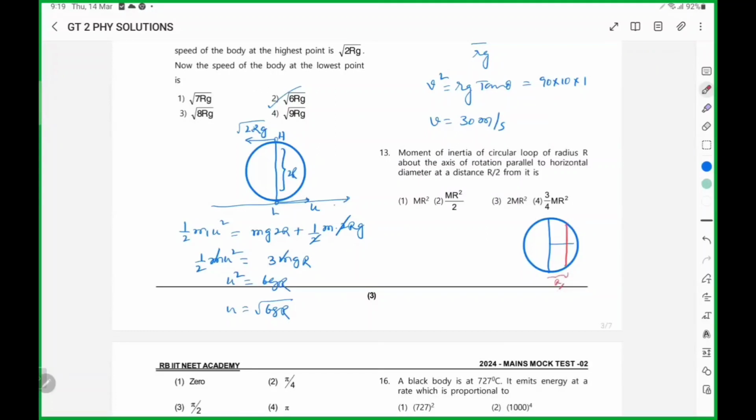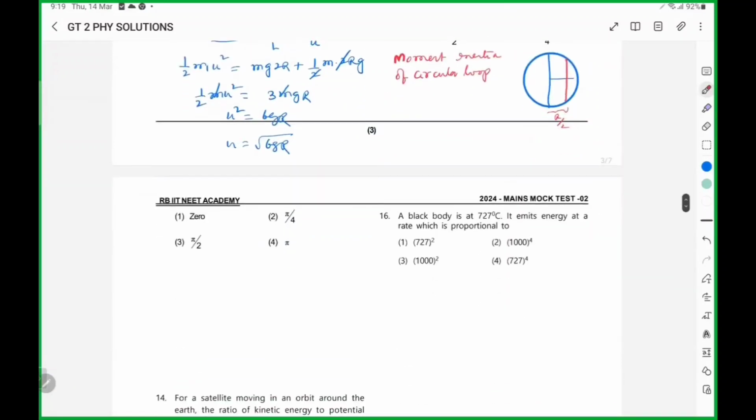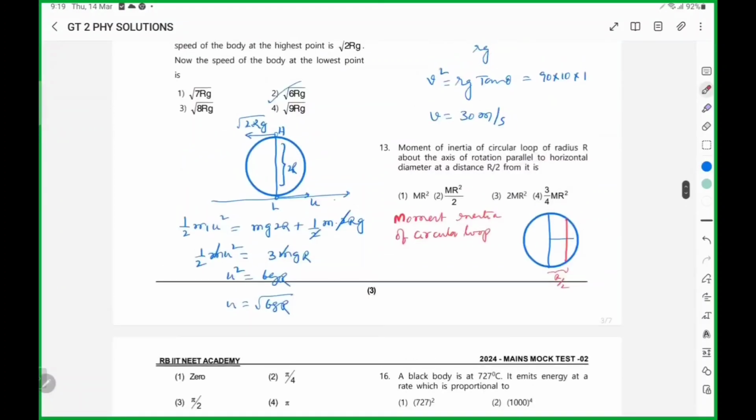The moment of inertia of a circular loop is mr square about an axis through the center, mr square by 2 about a diameter.